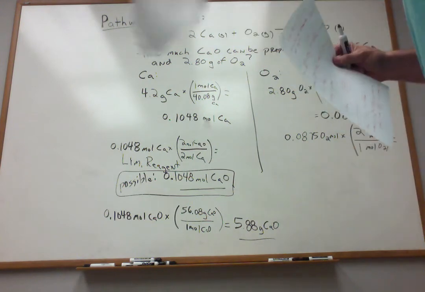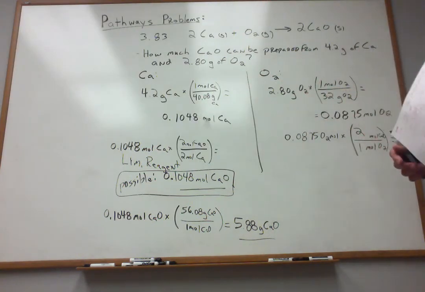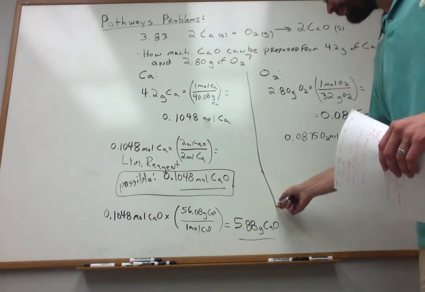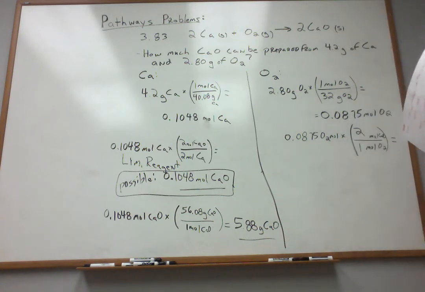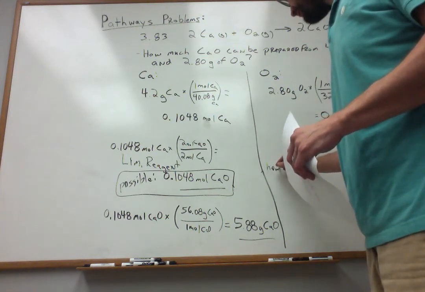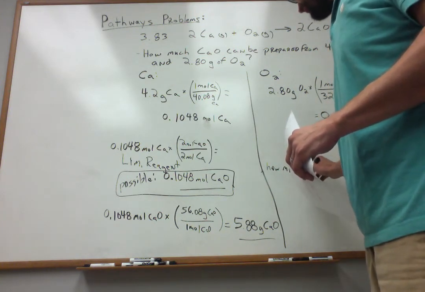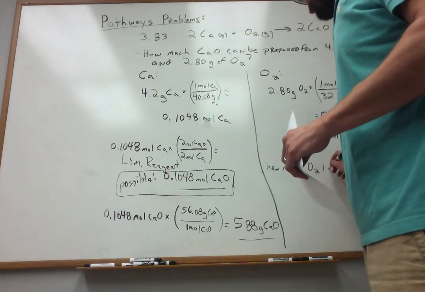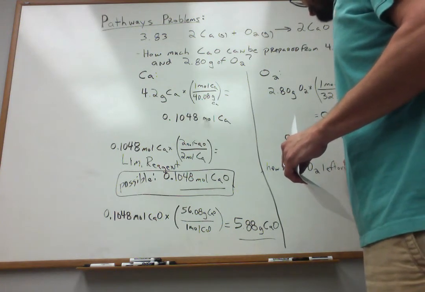We know we had 2.8 grams to start, and that was actually too much. Can I figure out how much oxygen is left after the reaction is done? Or how much is left over?